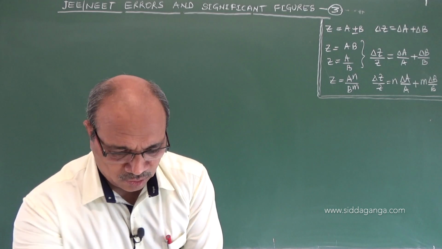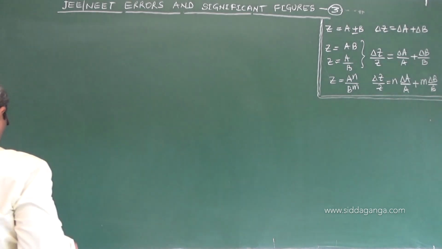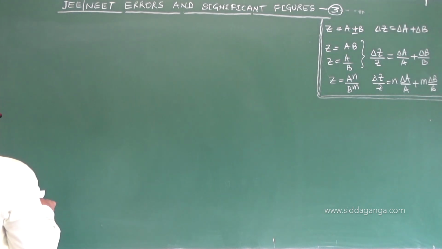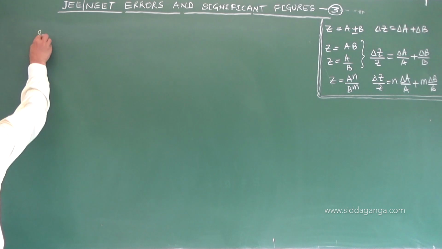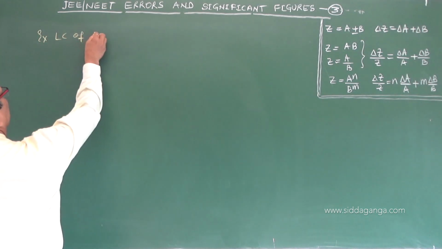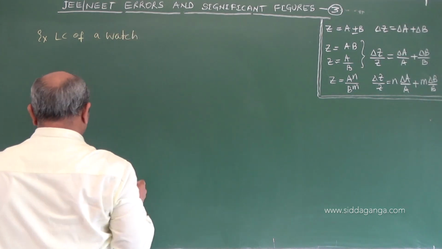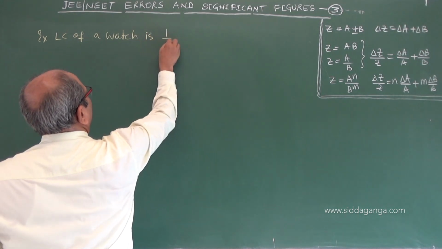So let us come to another question. Least count of a watch is 1/4 second.